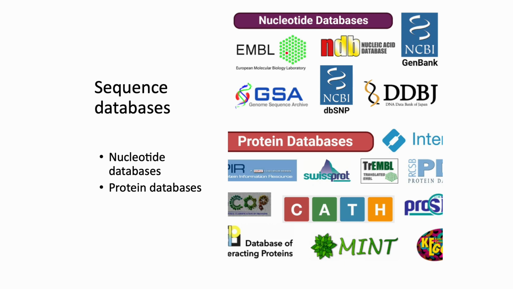Then you have the nucleic acid database, then dbSNP is one popular database, and then the Genome Sequence Archive, GSA, we use. Coming to protein, you can see the most popular ones are PIR, Protein Information Resource, SWISS-PROT, then you have PDB, then CATH, SCOP, MINT, and some more popular databases like KEGG.